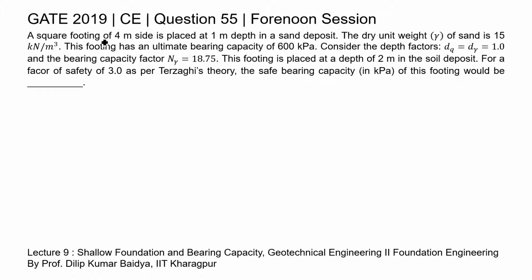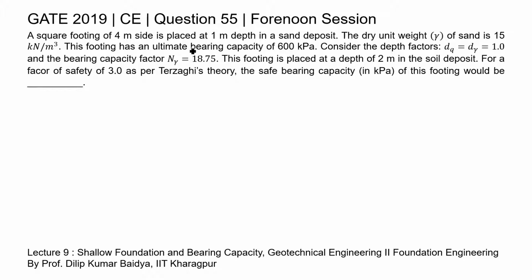So in this question, a square footing of 4 meter side is given and the depth of footing is 1 meter and the soil deposit is sand. The unit weight of the sand is also given as 15 kilonewton per meter cube, and for this condition the footing has an ultimate bearing capacity of 600 kilopascal and the depth factors dq and d gamma are 1 and the bearing capacity factor N gamma is also given as 18.75.